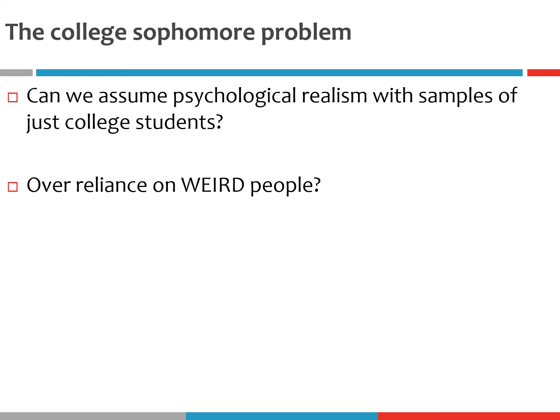But given what we know about how cognitive and motivational processes are not necessarily universal, right? So those psychological processes differ significantly across cultures, right? So for example, people from westernized cultures tend to overemphasize characteristics of the individual, whereas individuals from Eastern cultures tend to emphasize more characteristics of the situation, right?